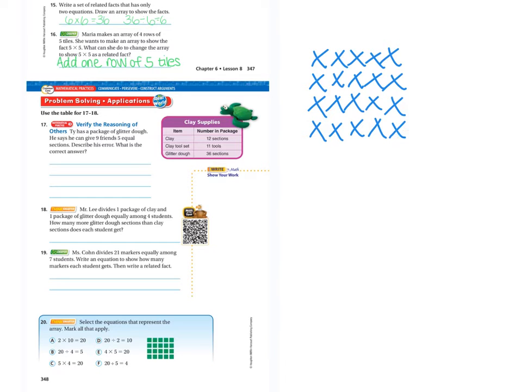Now, if we wanted to show 5 times 5, it would be very easy to do so because we would simply have to add 1 row. And now when we look at this array, we see 5 times 5. So she would simply have to add 1 row of 5.